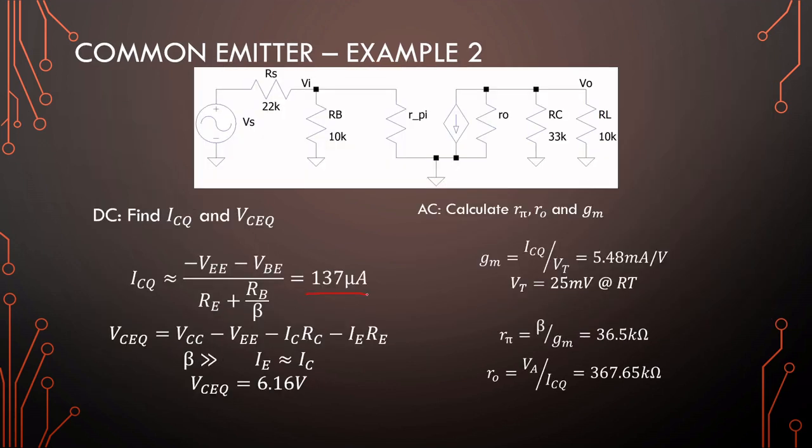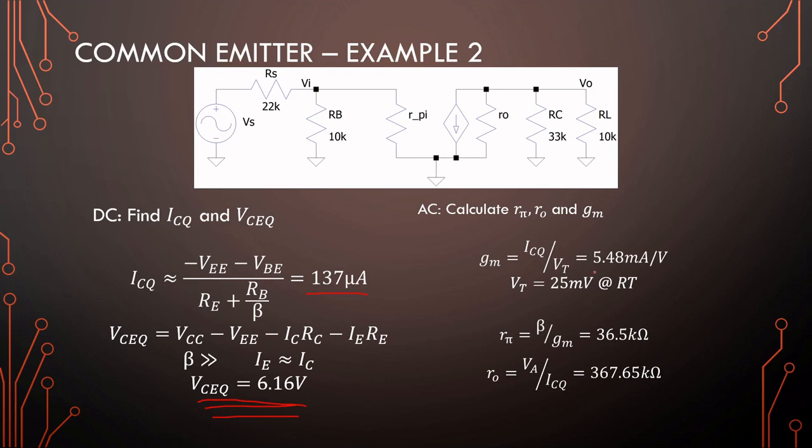And we will find that we are biased at 137 microamperes and our VCE value will be 6.16 volts. VCE is important because that will give us our maximum output swing together with IC RC. So that's why this is an important parameter to find.